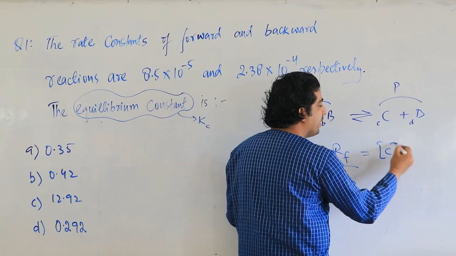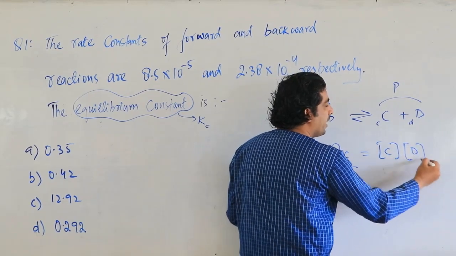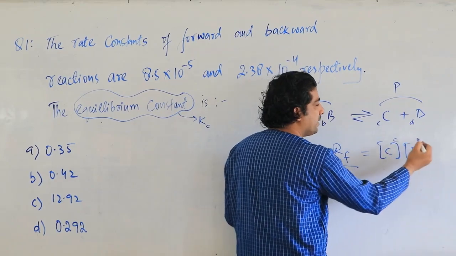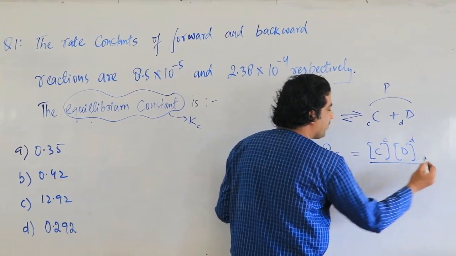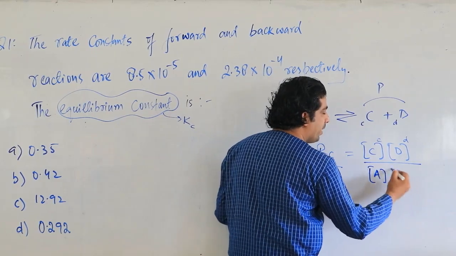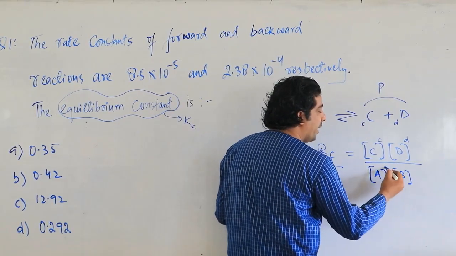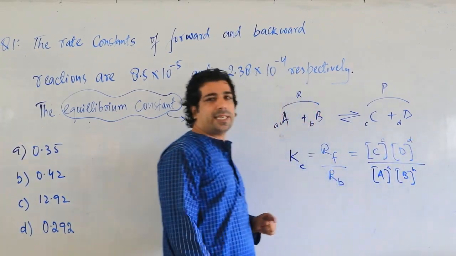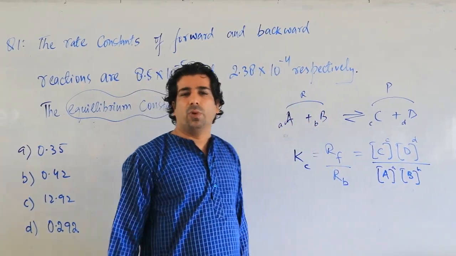So obviously C and D raised to the power of their stoichiometric coefficients, divided by the reactants A and B raised to the power of A and B. These A, B, C and D are stoichiometric coefficients; they represent the number of moles.